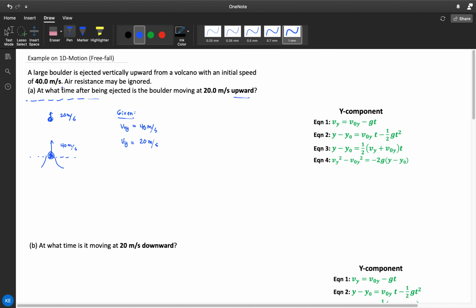Take note that it's asking for time. Ang naka-nice ni free fall kay ang acceleration is given by 9.8 meters per second squared. So here, which of the equations will you use para makuha nimo ang final, time? So if you'll notice, walay positions or height nga gihatag. So equation nga walay height or position is your equation 1.